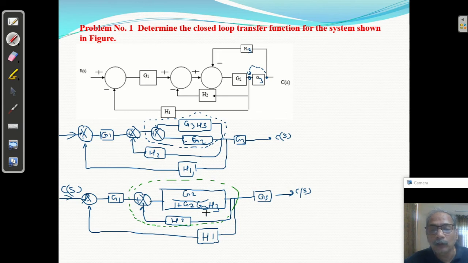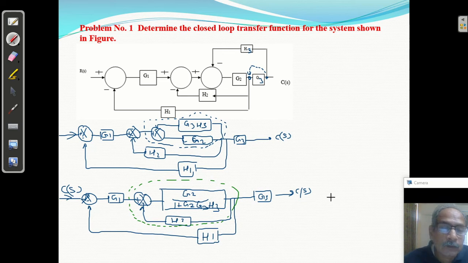So I am going to make it one. First of all, what is the loop here? Closed loop of this transfer function is GS upon 1 plus GS HS, because it is a negative feedback.